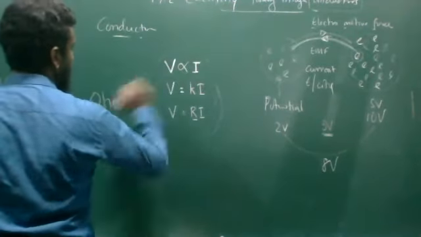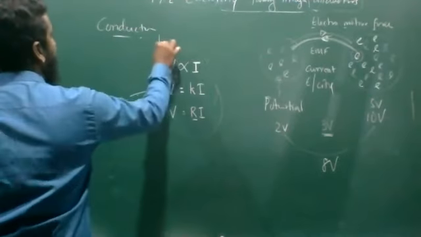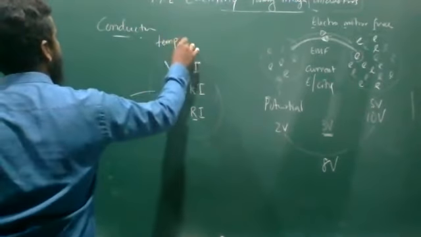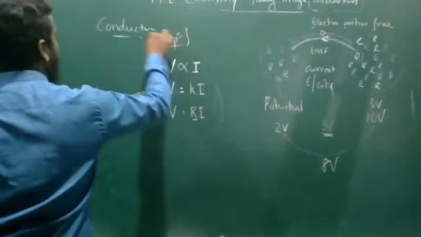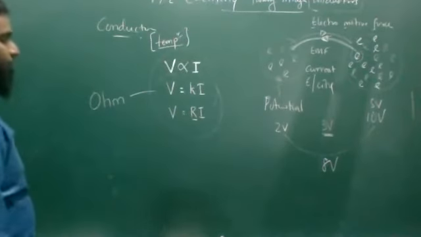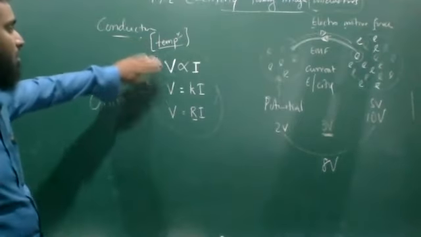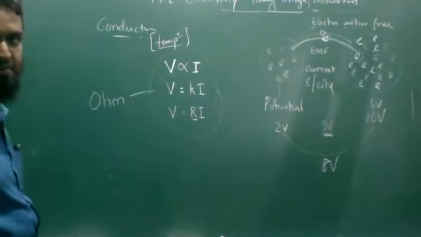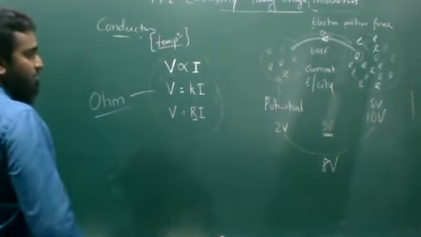This relationship is applicable when the temperature at which we are doing this remains constant. You have to keep the temperature constant. Ohm's law is applicable when the temperature is constant.